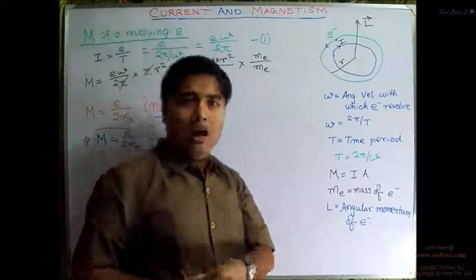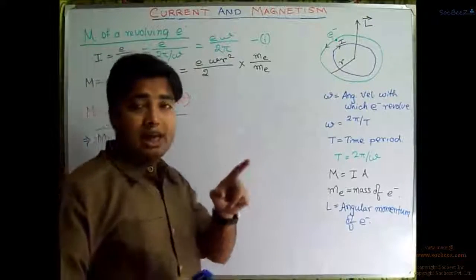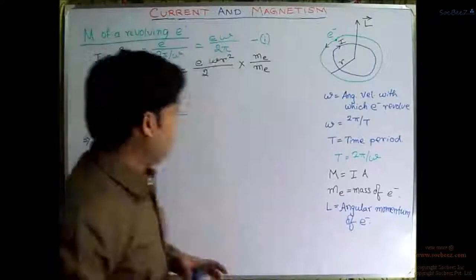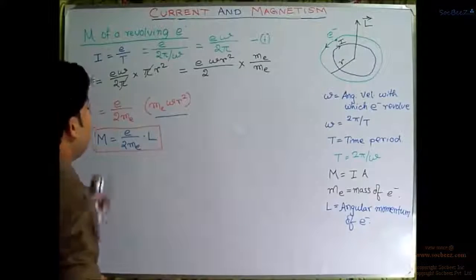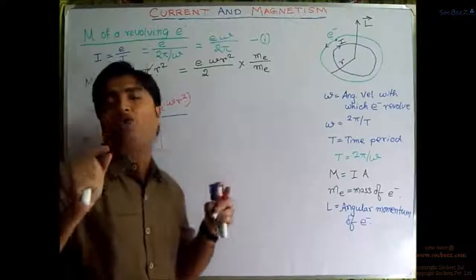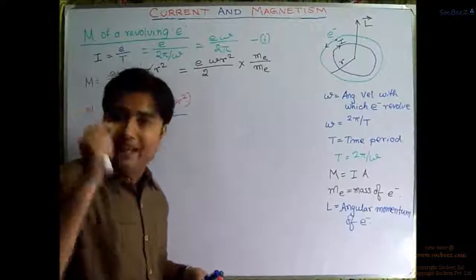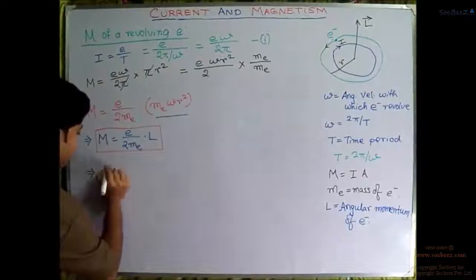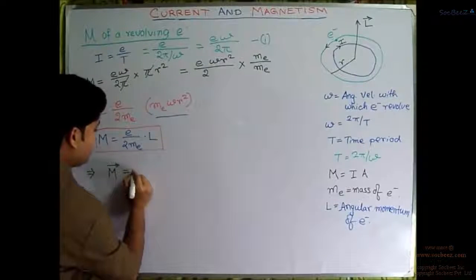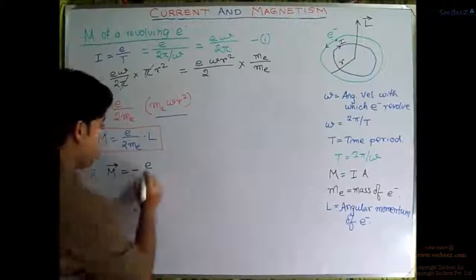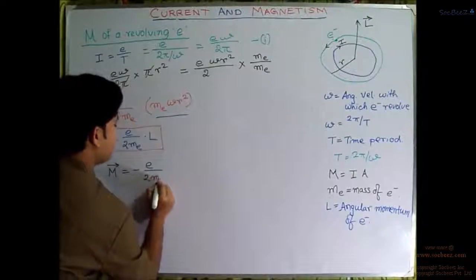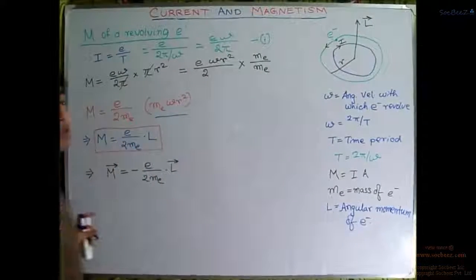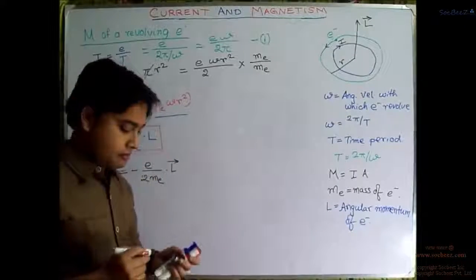Right? Now, if we wish to find the direction of this M, the magnetic dipole moment, which obviously is a vector quantity, we know that the charge of an electron is basically negative. So let us put it as the vector M will simply be equal to minus the charge of an electron divided by twice the mass of the electron, multiplied by this vector of angular momentum.